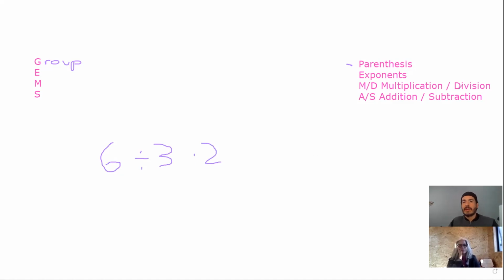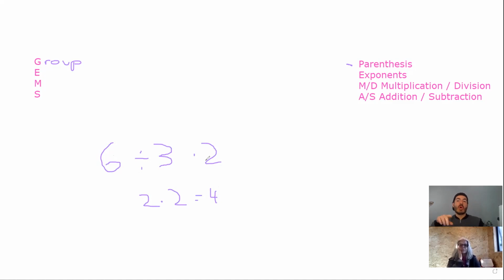So this is the same step. Here it only lists multiplication so that you have to think about division as sort of a sister component to multiplication. So 6 divided by 3 is 2, times 2 is 4. If I had done multiplication first, I would have ended up with 6 divided by 6, which is 1. That would not have been correct.